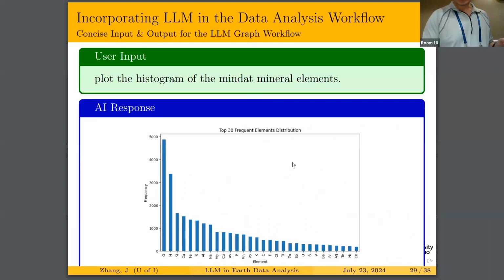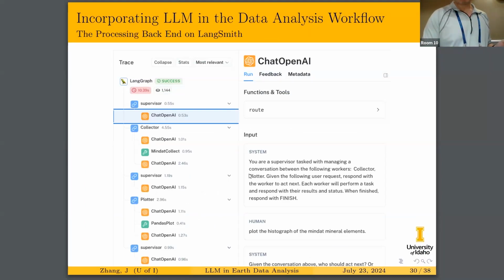Here is the quick use case demonstration. You can see whenever user want to plot the histogram of the mineral elements, here is the following result. But you can see that this result is achieved by such kind of complex process. The supervisor will firstly decide, now the user wants me to generate the histogram, but I don't have the dataset in hand.